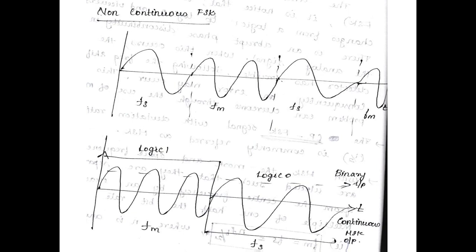Here we see that the phase is continuous in nature, with no abrupt change in the phase of the signal. So this is some idea about what minimum shift keying is. For detail, you can refer to any textbook like Simon Haykin, where the mathematical expressions are also available.